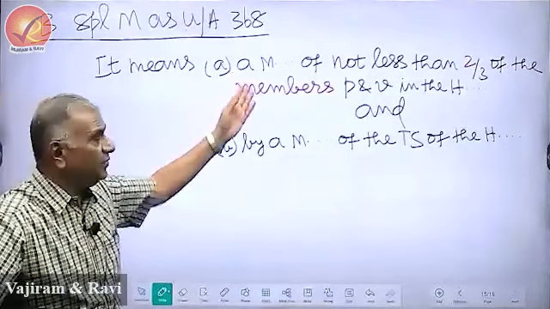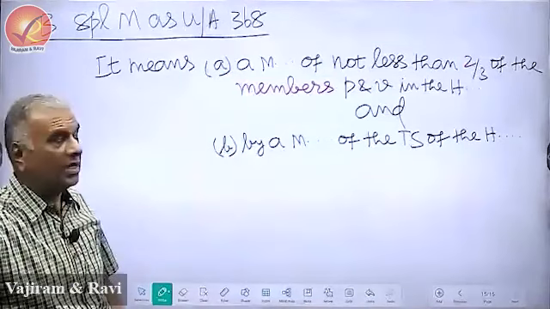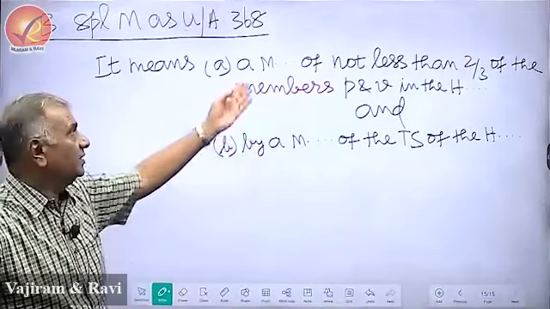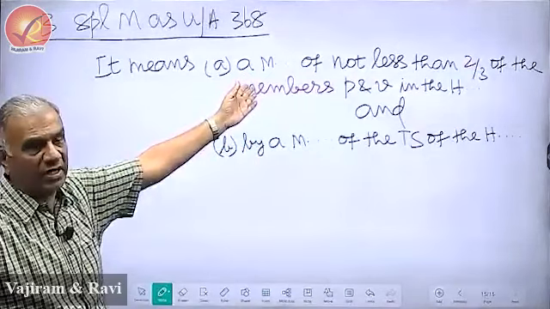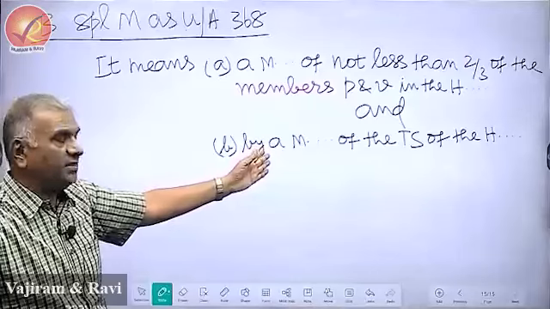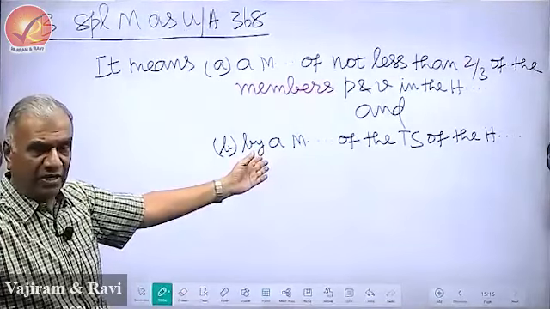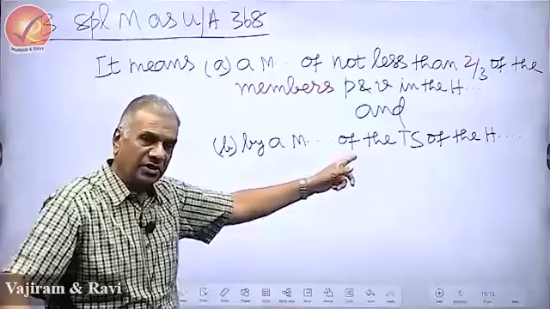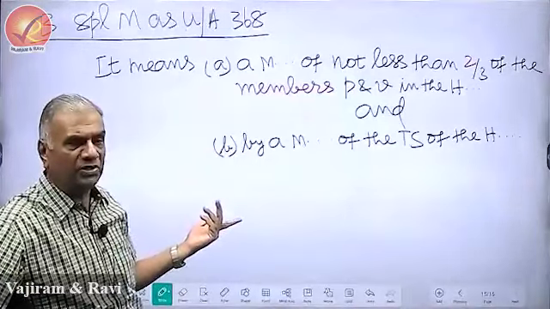Are we familiar with these two conditions, or are we seeing them for the first time? This first condition we have just seen under Article 249. Have we seen the second condition earlier? Is it not the absolute majority? The second condition is nothing but absolute majority.